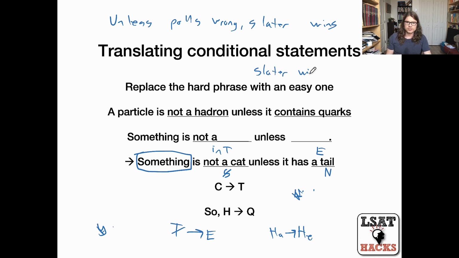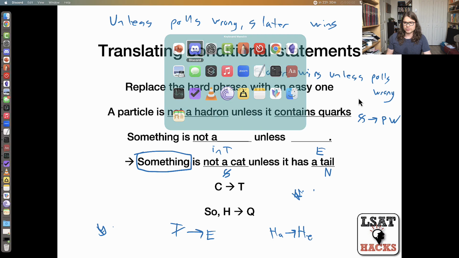So like, Slater wins unless polls wrong. So if Slater doesn't win, the polls were wrong. So after the unless is necessary; before the unless, Slater wins, you negate it.